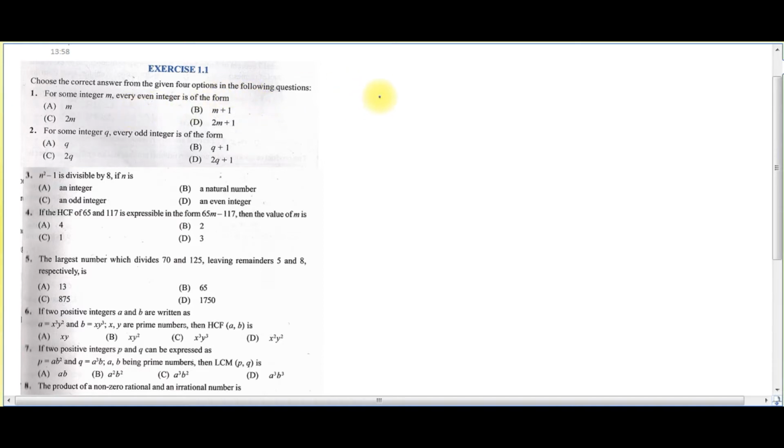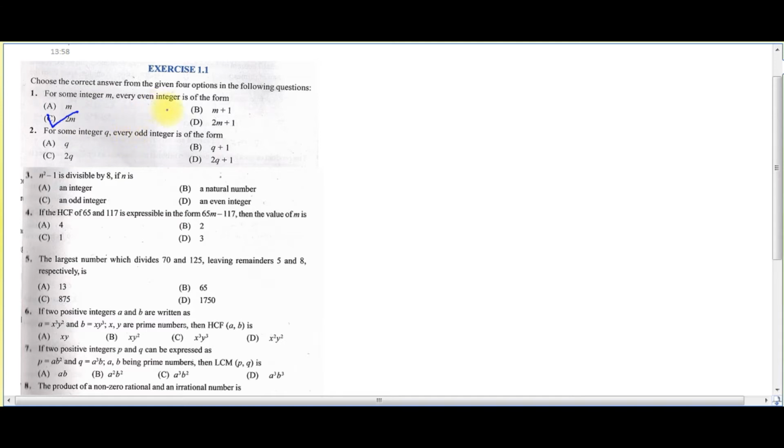If you take m plus 1, then when m is 1, we get even, but if we take m as 2, then we get an odd answer. Now take 2m: when m is 1, we get 2, and when m is 2, we get 4. This is possible. So the answer to the first question is 2m.